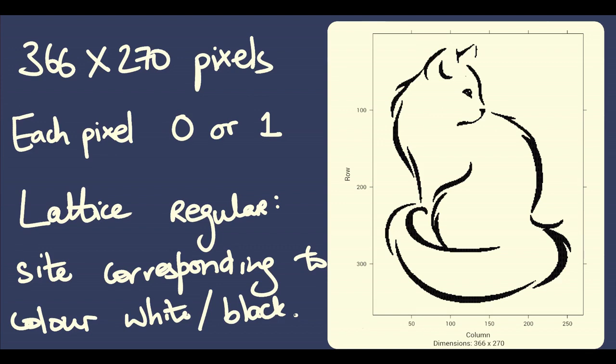Looking at this image, what characterizes it? If we describe it in a spatial way, the density of black pixels represents the outline of the cat. Where we have black pixels, we tend to have black pixels in the neighbors around them.